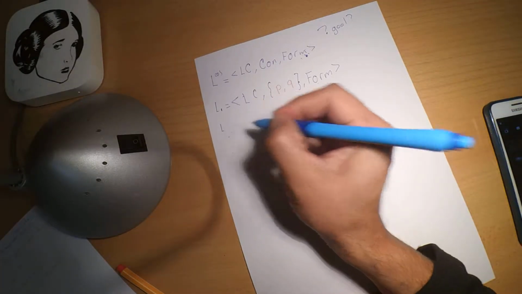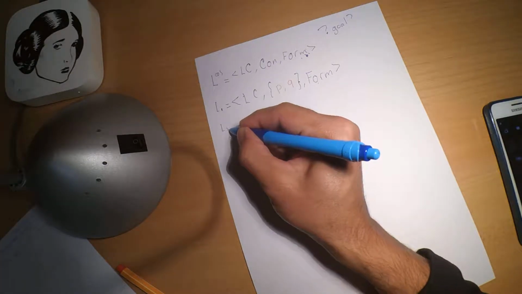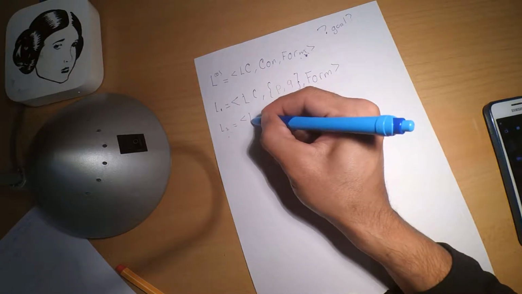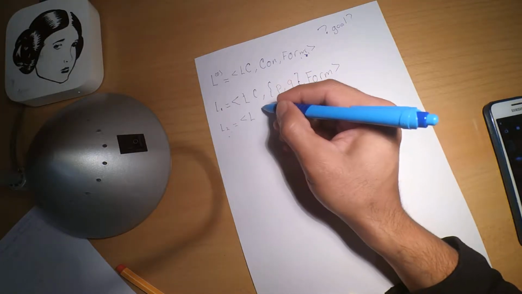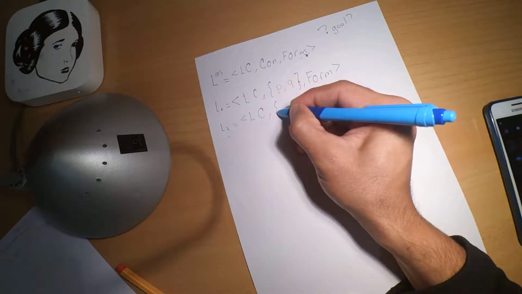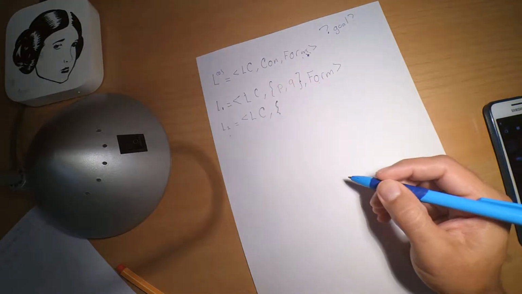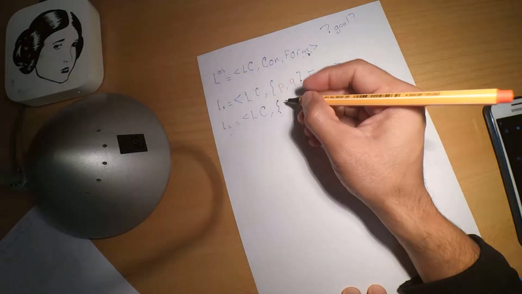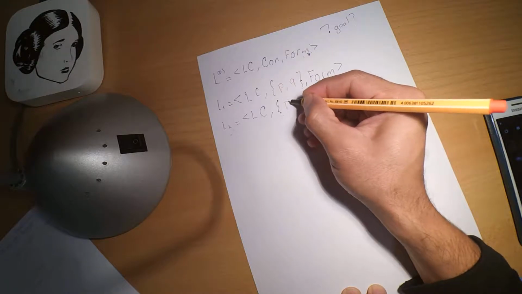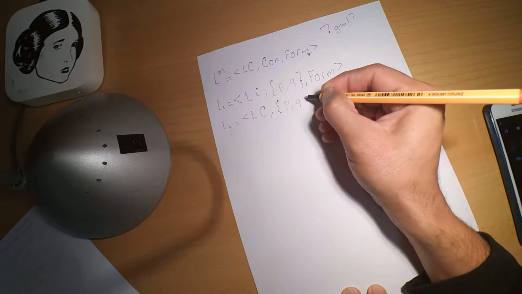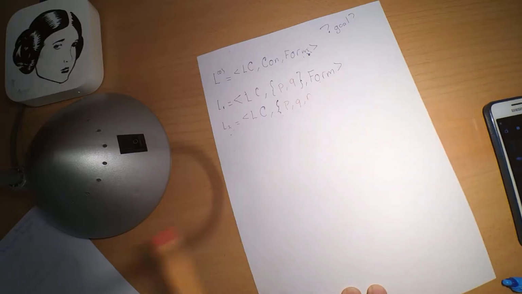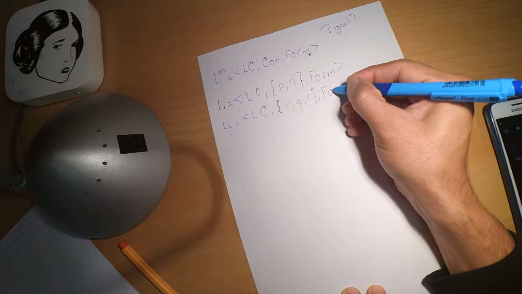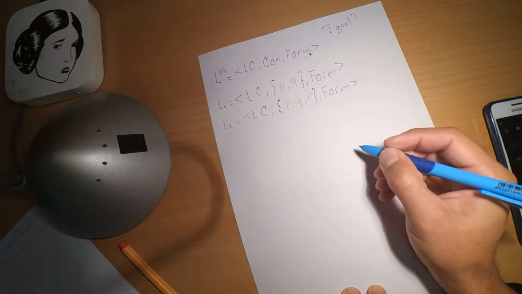Now I'm going to put another special language with L2. With L2 I open my brackets and put, like always, the logical constants, and then in the non-logical constants I'm going to put P, then Q, and then R. I'm closing this part, and by the end the form, and close the brackets.